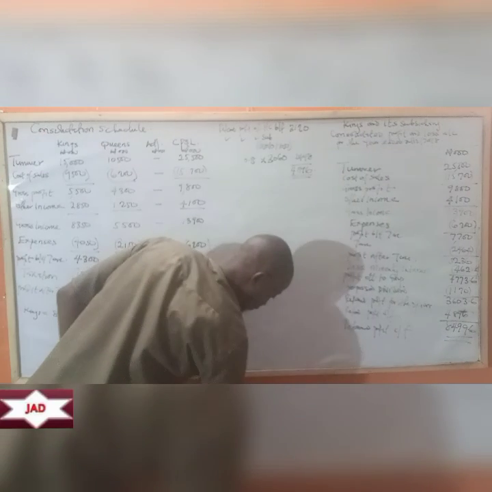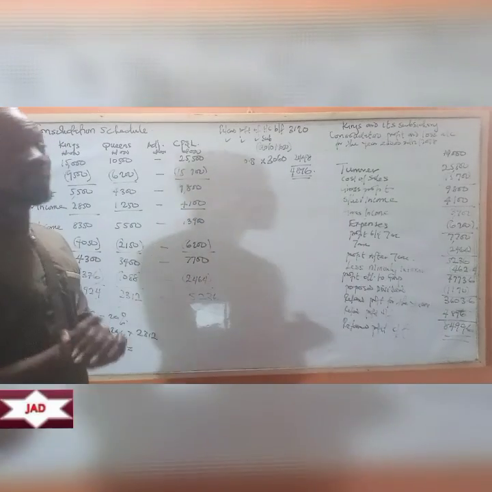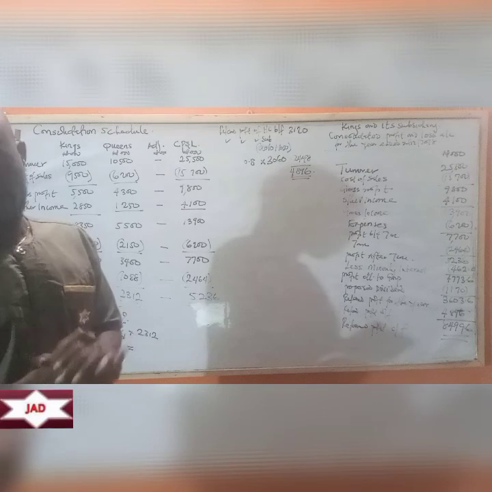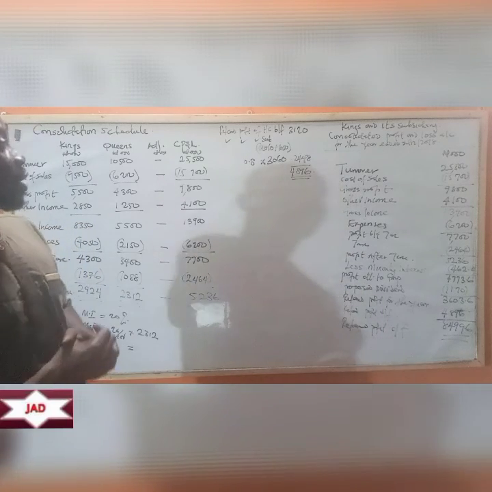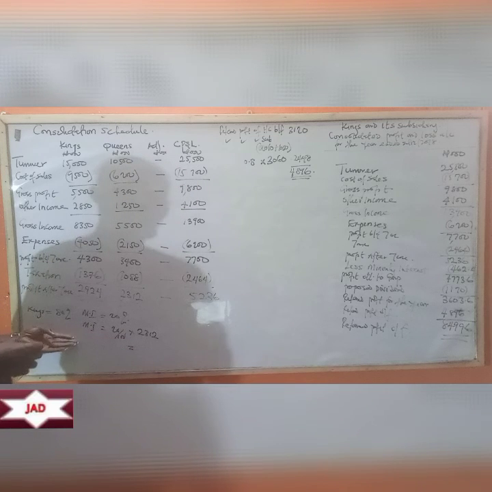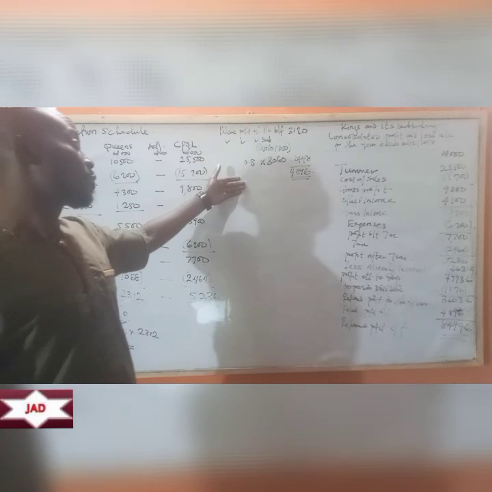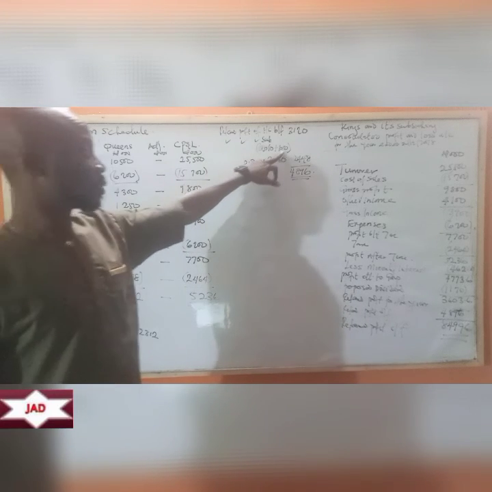Okay. So what we've done here is simple. Prepare consolidated profit and loss based on the information we were given. I think the basic point of note here is the minority interest aspect of the profit after tax of the subsidiary, and then the retained profit brought forward. Then I've shown how we got it here. This was a loss.